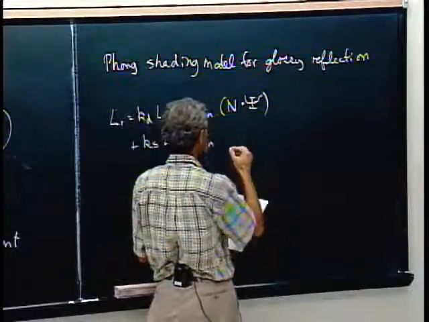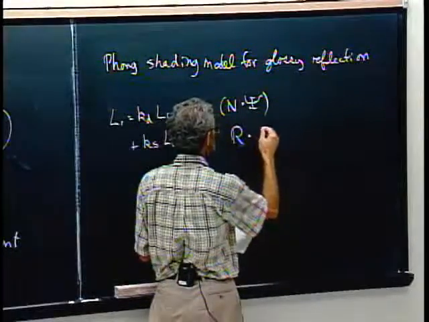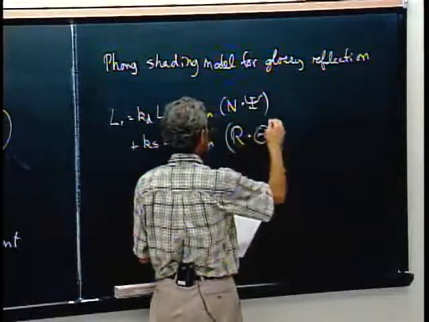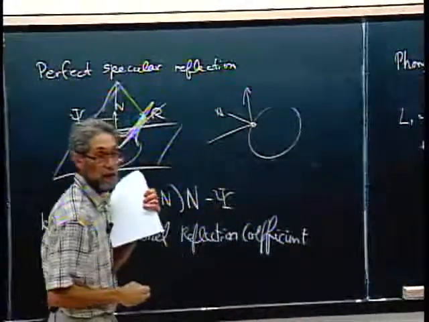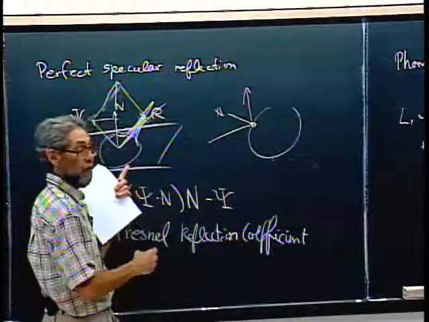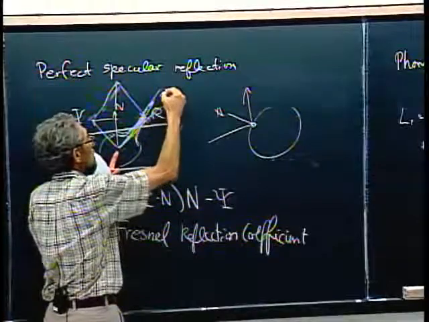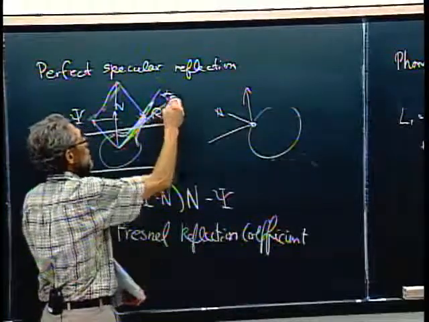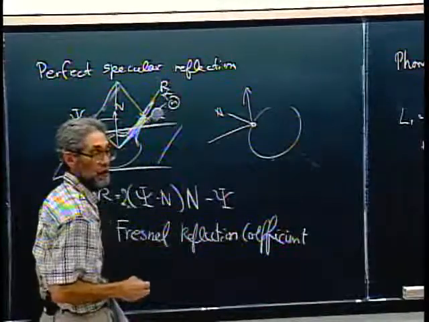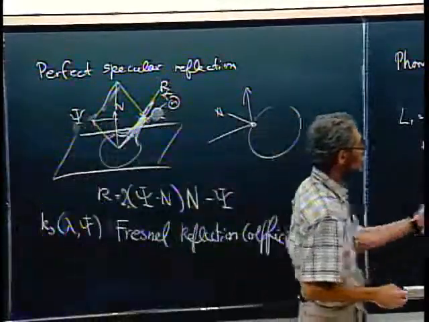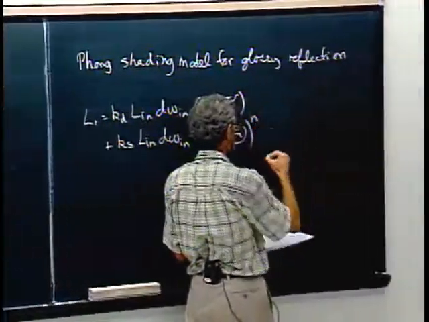But now he said, let's look at r dot θ, which is the outgoing direction that you're actually viewing it in, or measuring how much reflected in. And there's a certain angle, say here, alpha, between this θ direction that you're viewing it in and the perfect mirror direction. And if you take, this is the cosine of that angle, and you take it to some high power.